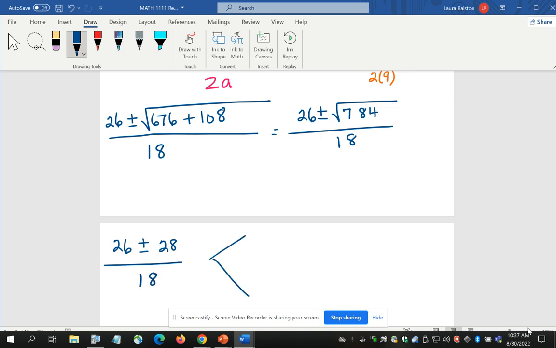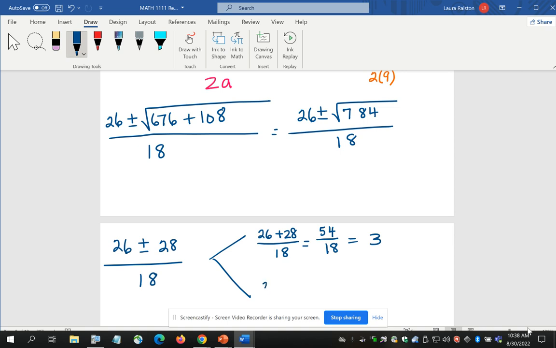So you actually have two answers here because you have 26 plus 28 divided by 18. So that gives us 26 plus 28, which is 54, divided by 18. So we get 54 divided by 18, which is positive 3. So one of our answers is 3.